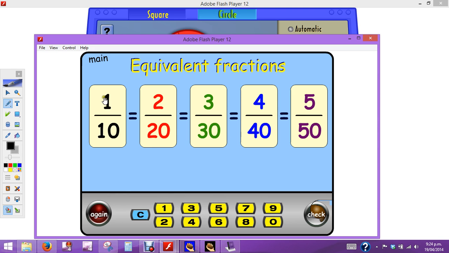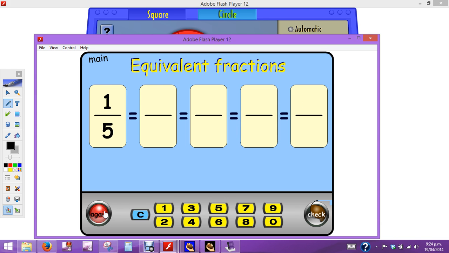If you just doubled it, yes, 1/10 is 2 20ths, but you would have gone straight to 4 40ths and missed 3 30ths. 4 40ths would have taken you to 8 80ths, and you would have missed 5 50ths, 6 60ths, and 7 70ths, as the same representation as 1 part out of 10 is 2 parts out of 20. Let's try another one.